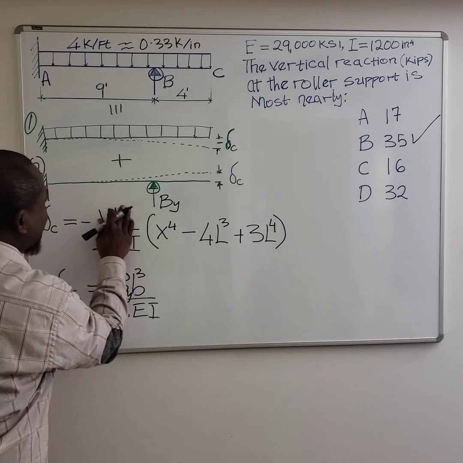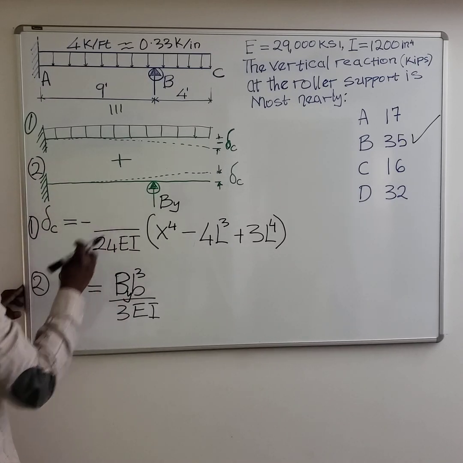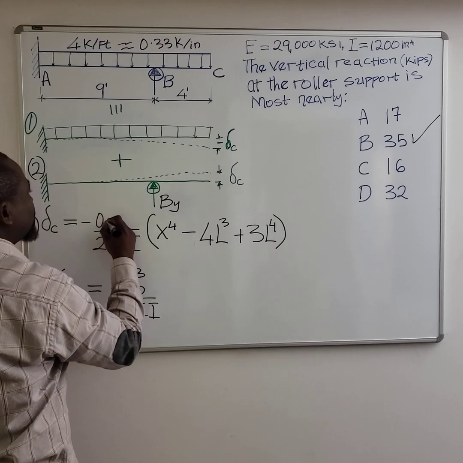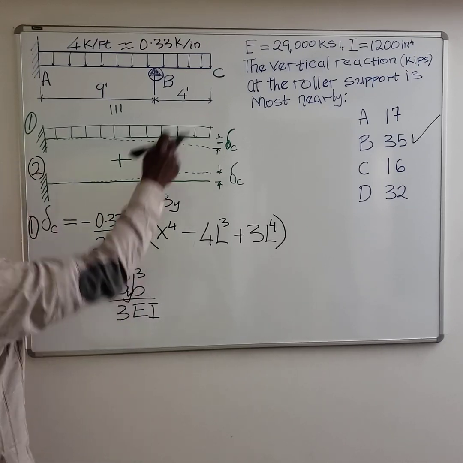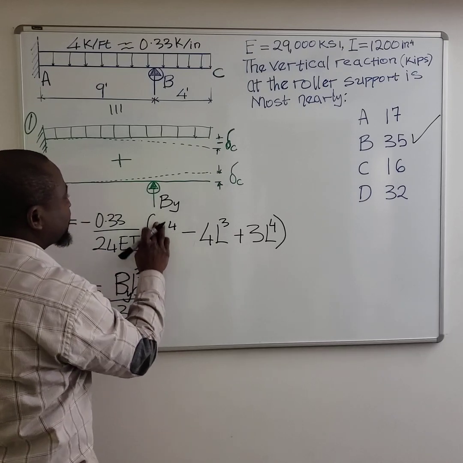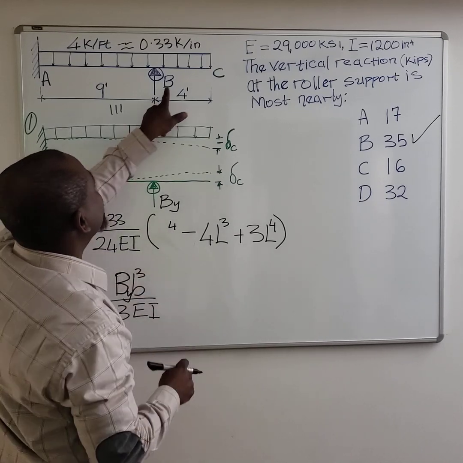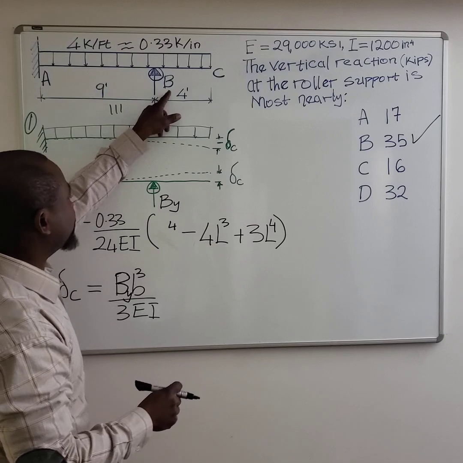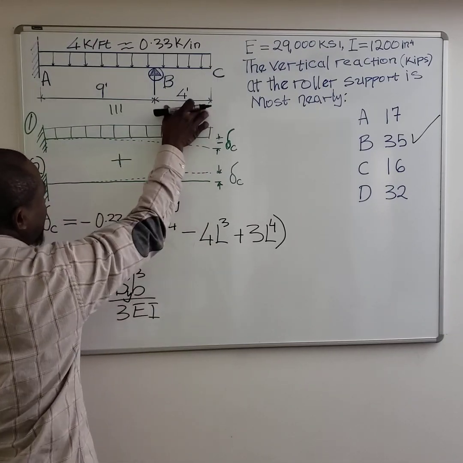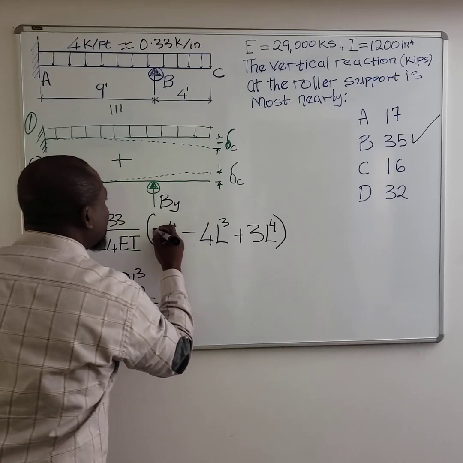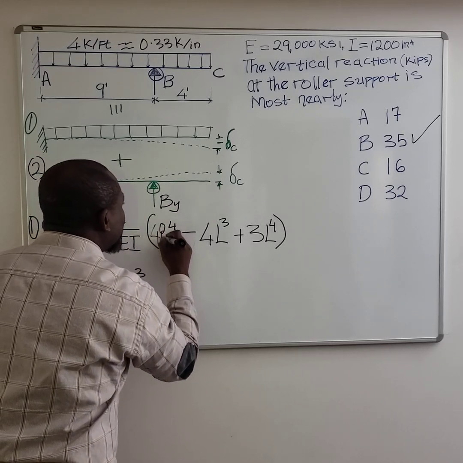So if you introduce that in here, 0.33. This one we know over here. Our x is here. That's our point of interest. So it's 4 feet to the point of deflection, and multiply that by 12. That's 48 raised to the power 4.